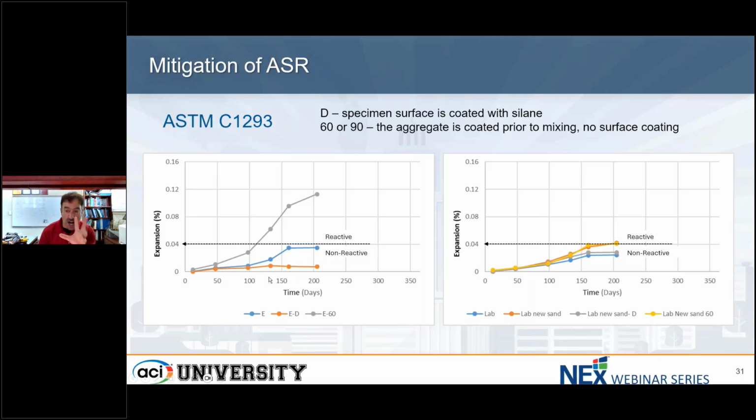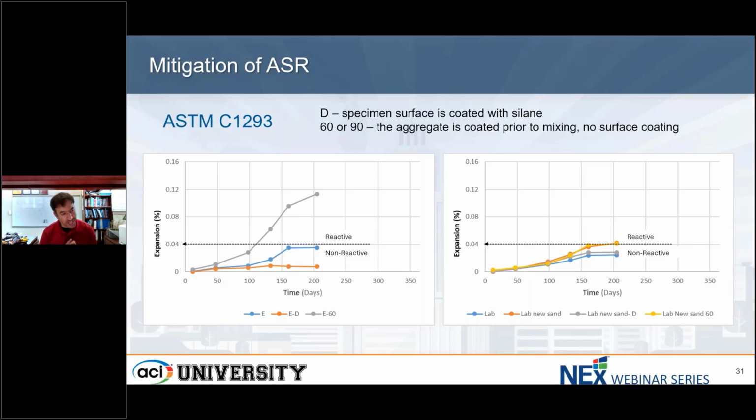Huge, almost non-existent expansion in the specimen, even up to and beyond 200 days. And when we look at our lab sand, we see kind of a similar thing where we add the coating on the aggregates themselves, we're seeing slightly worse performance than nothing or just coating the surface of the aggregates.